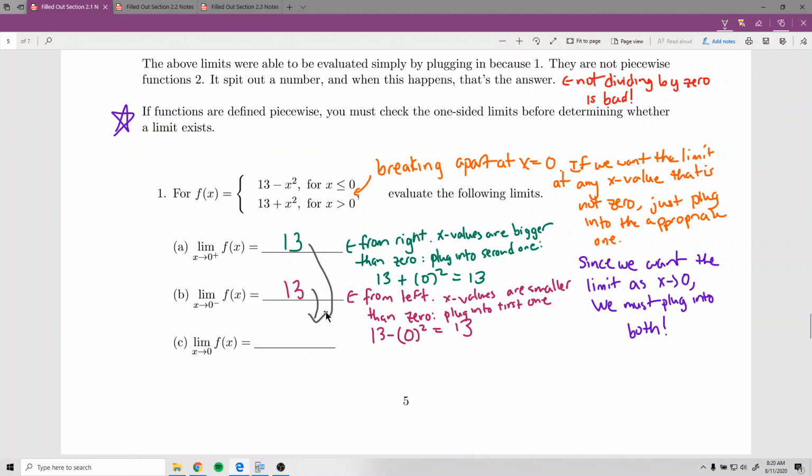Since these are the same, the limit is 13. Since the one-sided limits are the same, the answer is that number. If these were different, then we would say it does not exist.